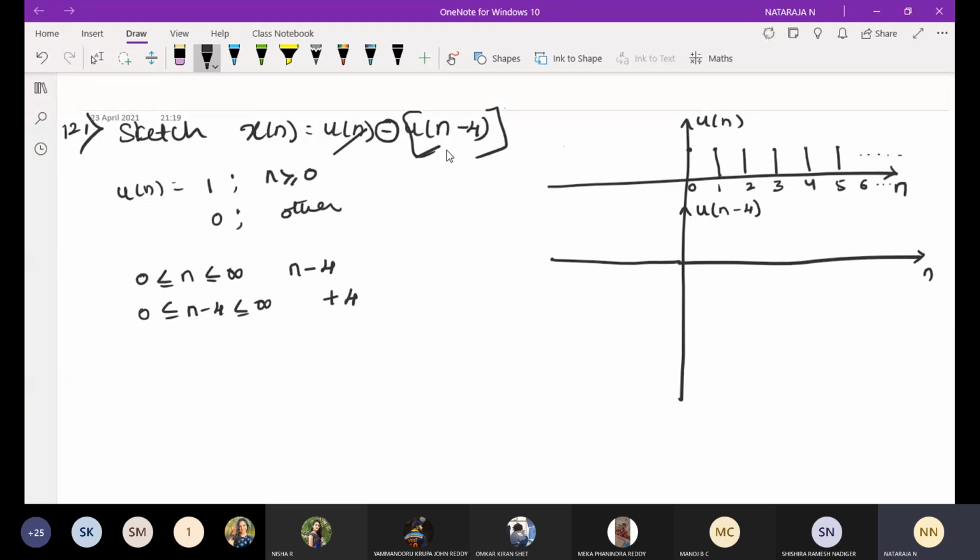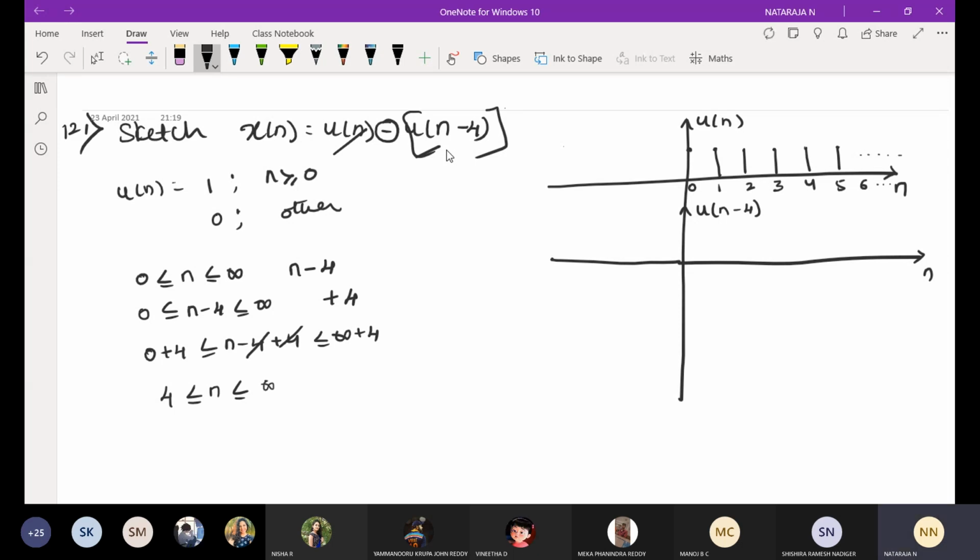Add 4 throughout the equation, so 0 plus 4 less than or equal to n minus 4 plus 4 less than or equal to infinity plus 4. The minus 4 and plus 4 cancel. 4 less than or equal to n less than or equal to infinity.